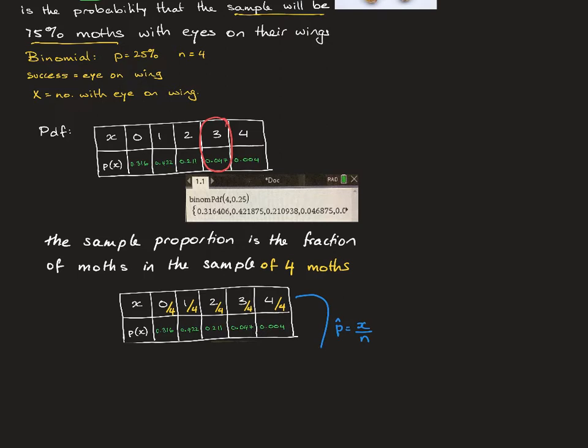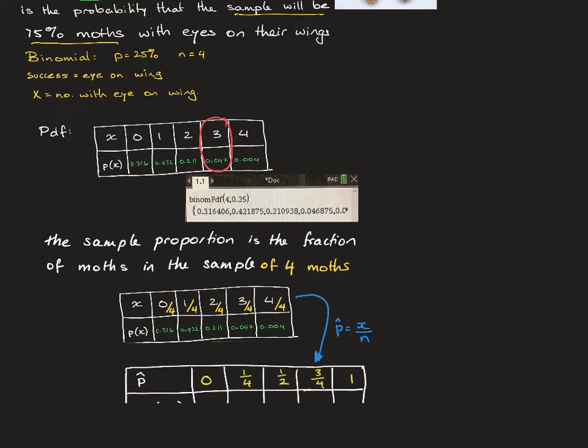And we know that our sample proportion, p hat, is the x value divided by n. So to go from this table of values to the table of values for the sample proportion, all you do is change a little bit here at the front.